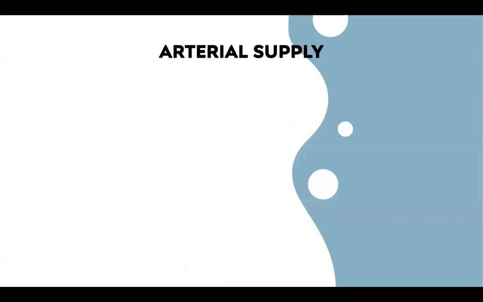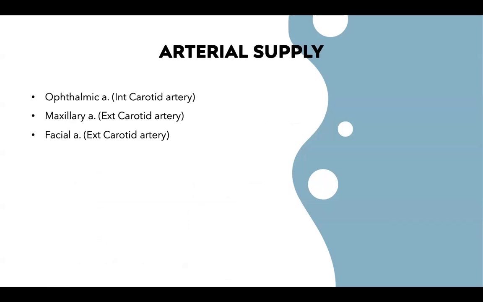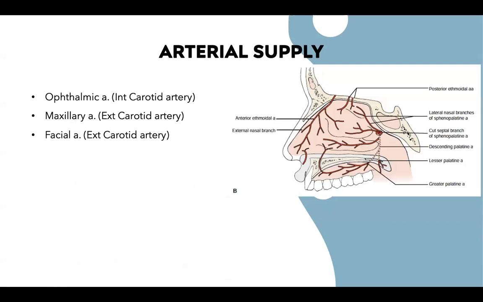In terms of the arterial supply of the nasal cavity, we have 3 major arteries: ophthalmic, which is a branch of internal carotid, and maxillary and facial arteries, which are branches of the external carotid artery.